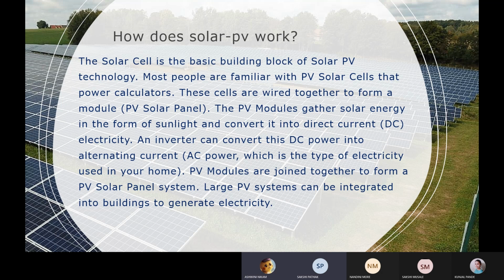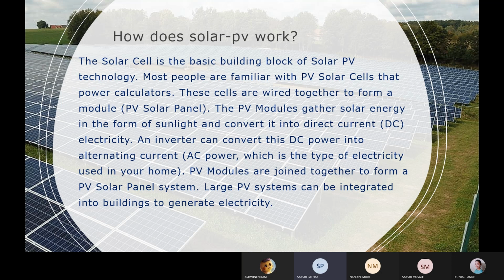Now we will see how solar PV works. The solar cell is the basic building block of solar PV technology. Most people are familiar with the PV solar cell that powers calculators. These cells are wired together to form a module, a PV solar panel. The PV modules gather solar energy in the form of sunlight and convert it into direct current, DC, electricity.